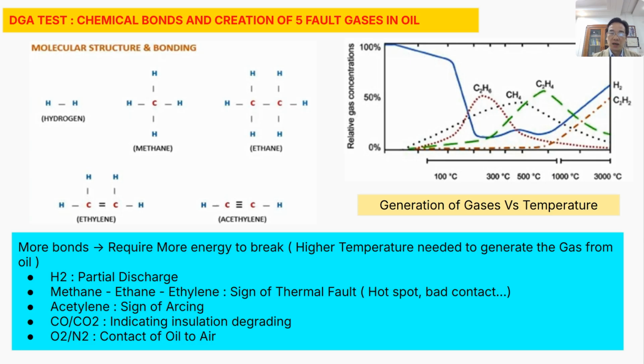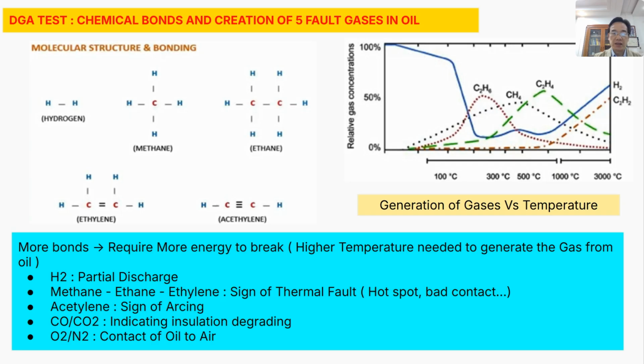Then also, in the converse direction, the decomposition of the cellulose paper also creates moisture and acids in oil.